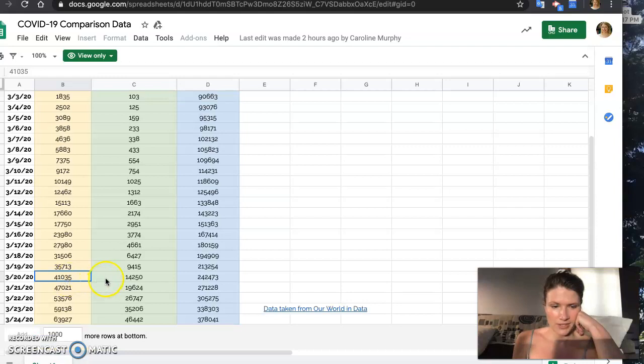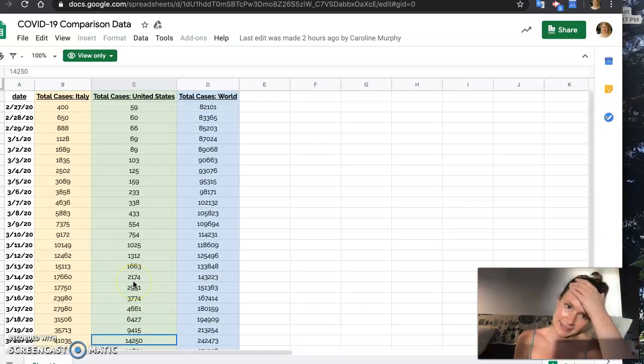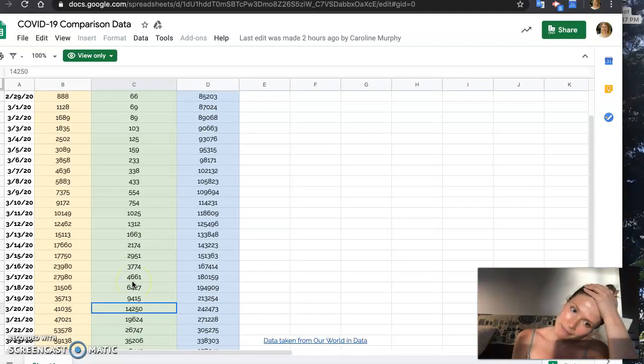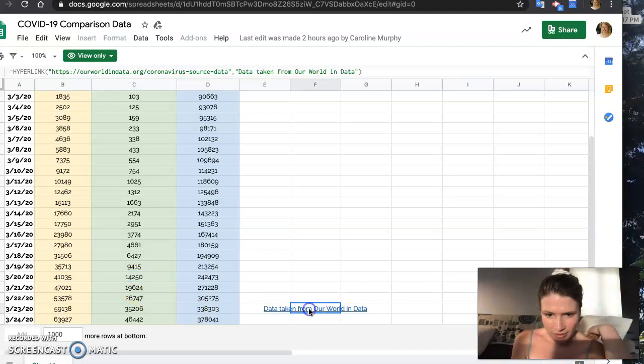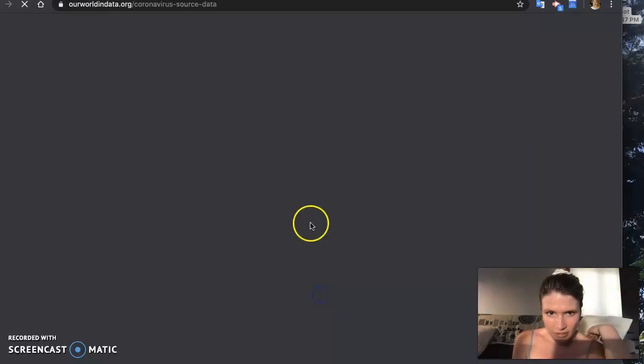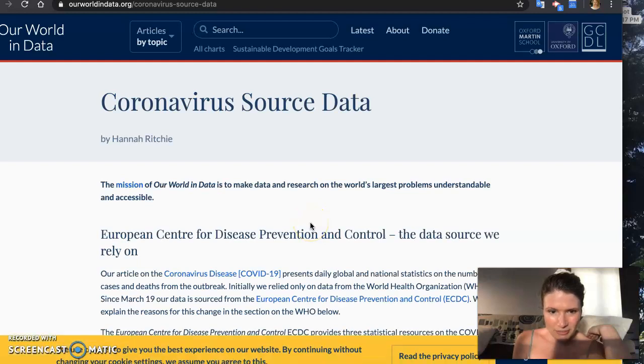Okay, so according to this data, I can see on March 20th, there were about 14,000 cases confirmed in the United States. Okay, so let me think for a second about how I could justify that. See if the original source could be any help.